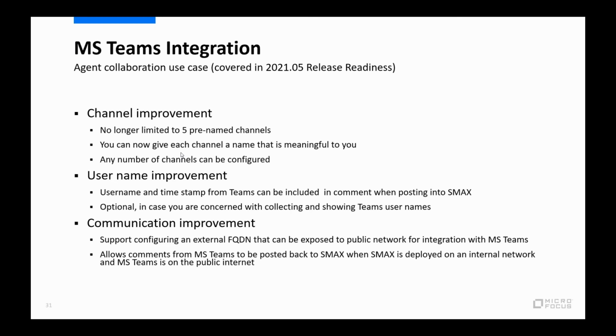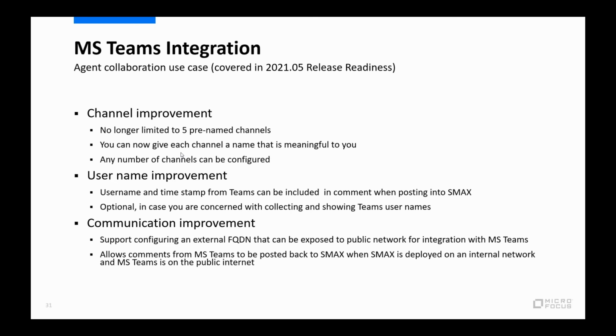And that's the name that will appear in the business rule when you're deciding when to initiate the integration from within Studio. So you get to pick the name that's meaningful, and you're no longer limited to 5 channels. You can define any number of channels to support your Teams integration scenarios.